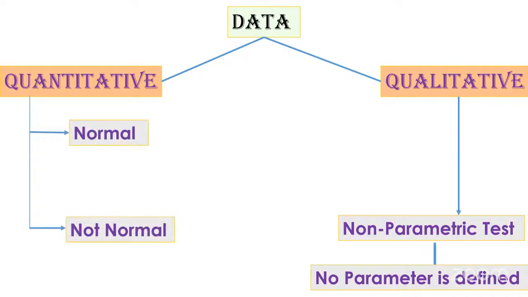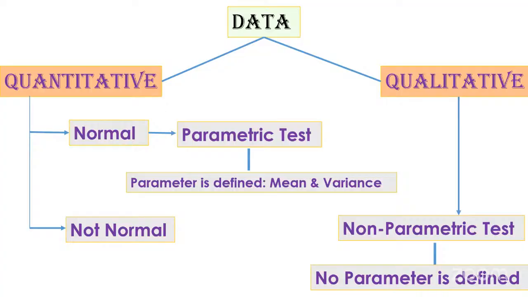But when I say quantitative type of data, then we have to go one step more in that to check the assumption called normality of the data to decide further which test to go for. So if my data is normal, then we have to prefer parametric test. If the data is not normal, then we go for non-parametric test.